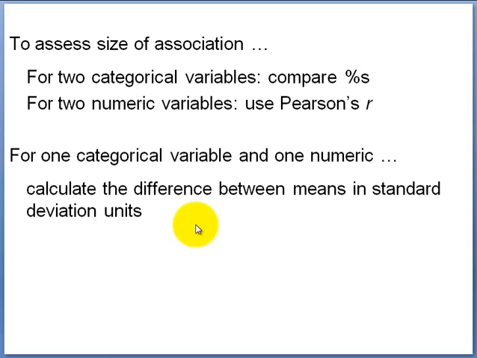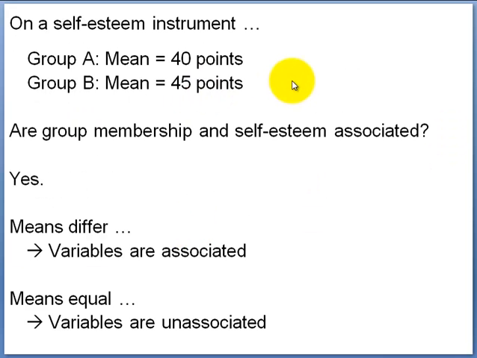What the standardized mean difference is, it is a difference in means expressed in standard deviations. So if you look at this example here, we could ask the question, are group membership and self-esteem associated? And indeed they are.